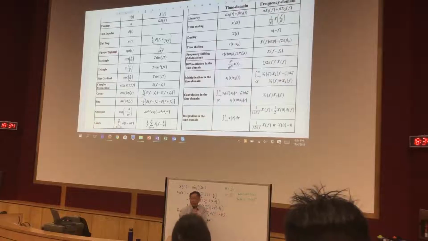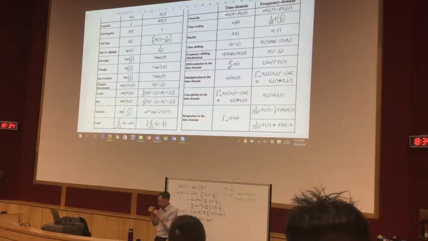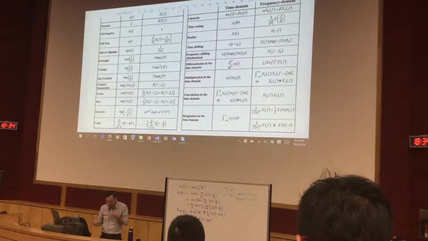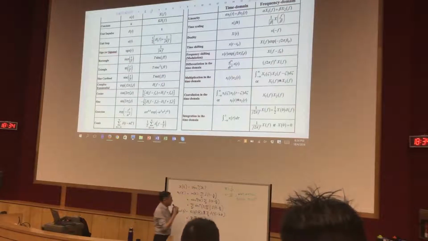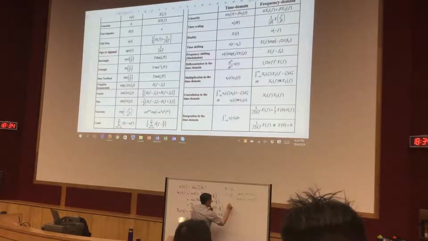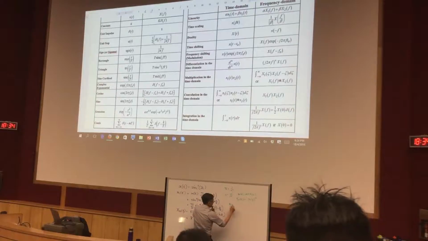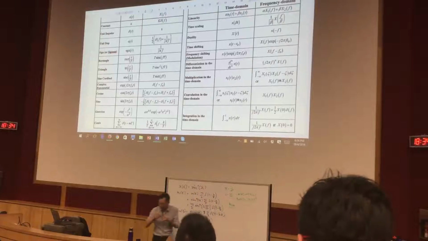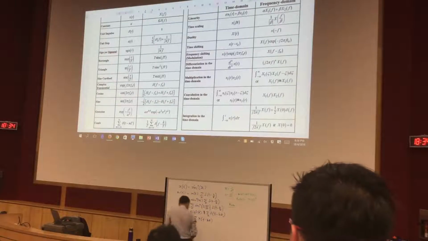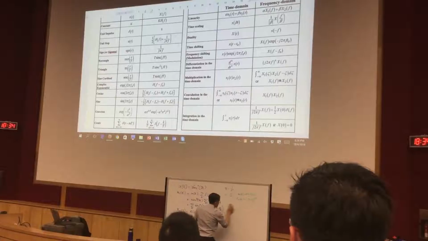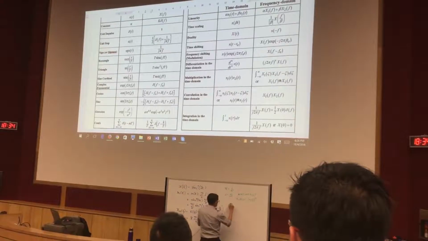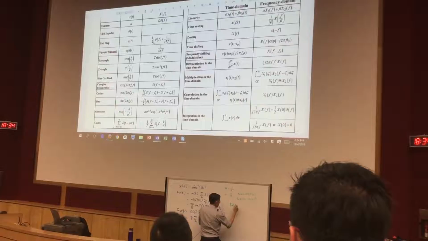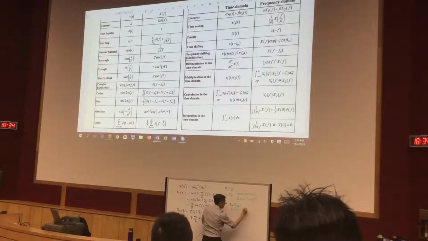Okay? Just put it in. So part A is done. Part B, find the 3 dB bandwidth. 3 dB bandwidth, that means, right?